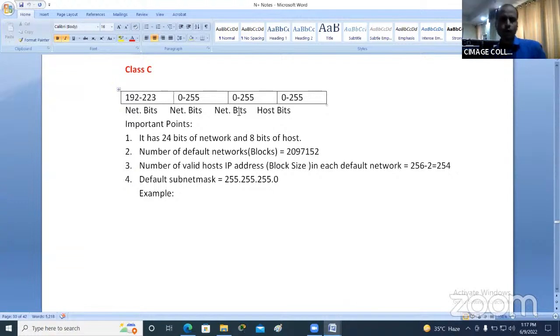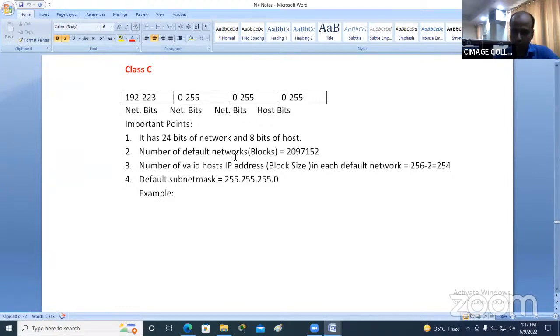Now, on the basis of the above diagram or boxes, finally, how many networks can be formed in class C? The same thing we will do again.